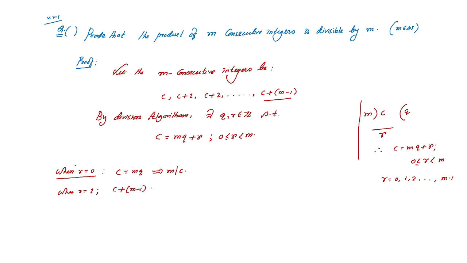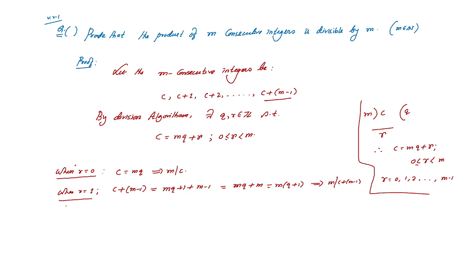The value of c will be mq plus 1. So mq plus 1 plus m minus 1 gives mq plus m, which we can write as m into q plus 1. In that case also m divides c plus m minus 1.